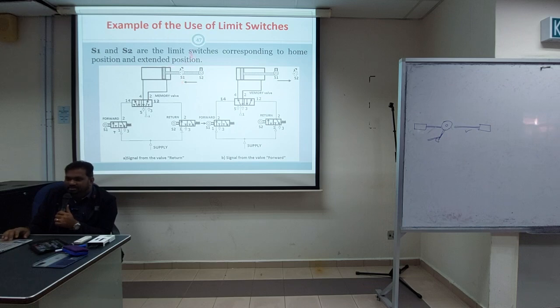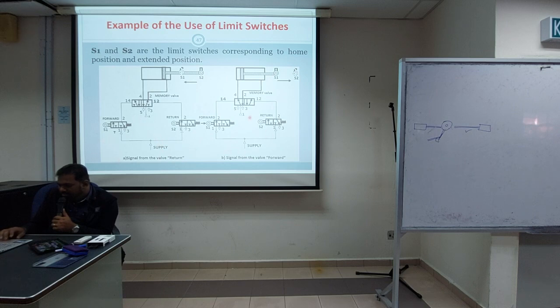So it will check whether the cylinder fully retract ke tak. So retract maksudnya dia dah tarik balik. Okay, so maksudnya dia dah balik ke tempat asal. So what S2 will detect? Fully extend, whether the cylinder fully extend ke tak. So here you have S1, S2. So here pun ada S1, S2.